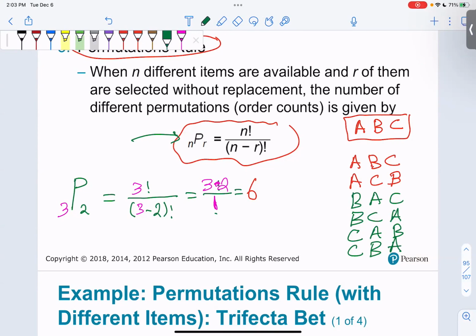I said select 2 out of 3, but all those 3, so we have to remove. We just have to select 2 out of 3. So it will be like this: AB, AC, BAC, B, yes, like this, because it's selecting just 2 out of 3. You got the idea?